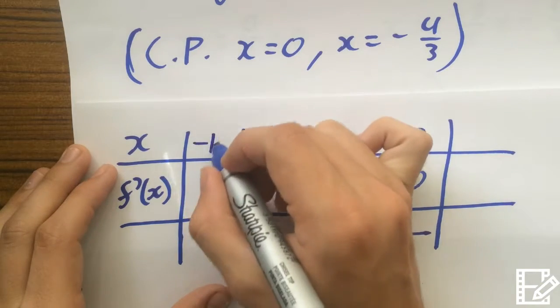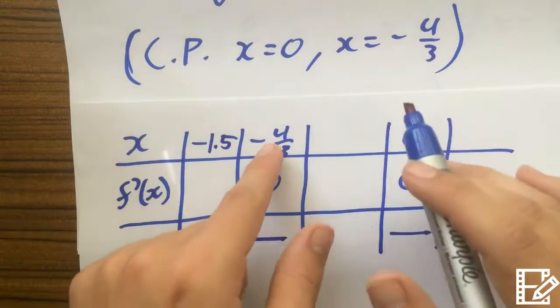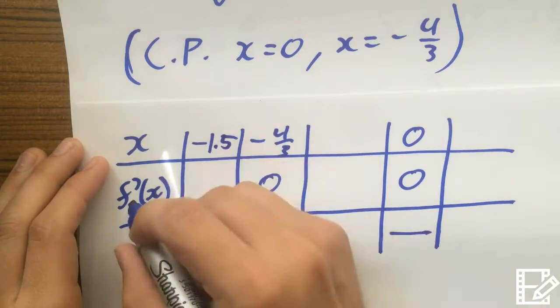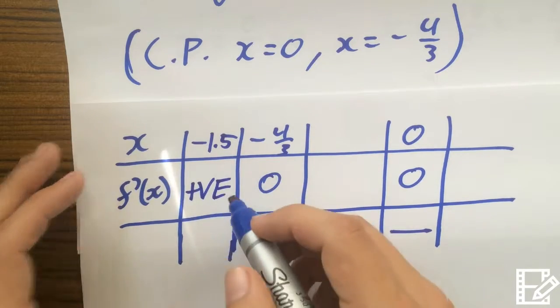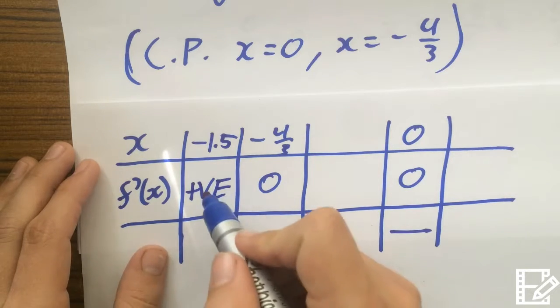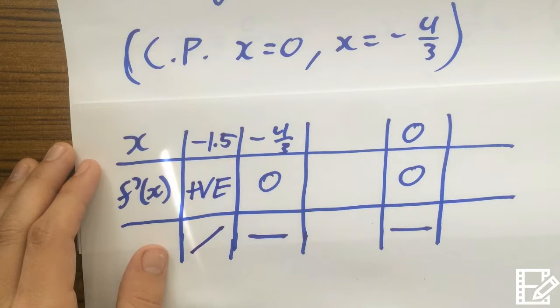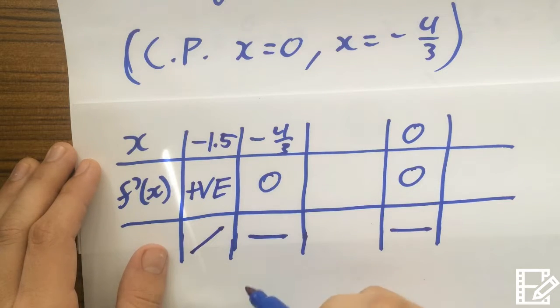But we'll pick -1.5 because that's more in the negative direction, which means it's on this side. We'll sub that in, and we'll get a positive number. We're not really too concerned about what number it is. We just see if it's positive or not. Because if it's positive, that means it has a positive slope, which means it goes up like that. So the first part of our graph goes up and then stops at this point.